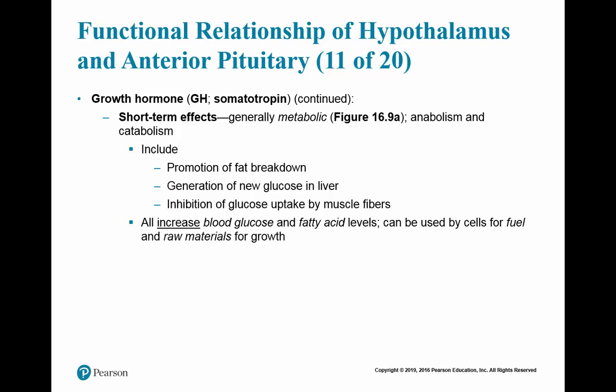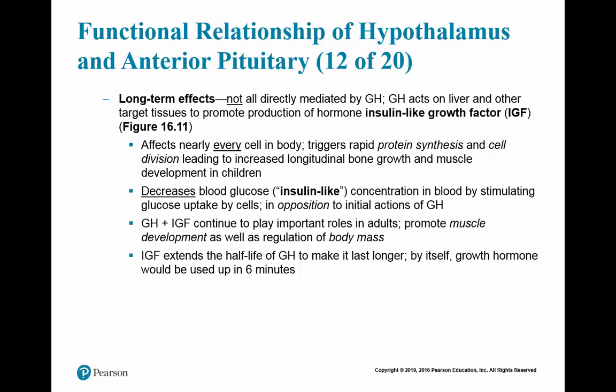It promotes fat breakdown. It helps make new glucose in the liver. It inhibits the uptake of glucose by your muscle fibers. It also can increase your blood glucose and your fatty acid levels so that you've got more fuel for growing and other metabolic processes.